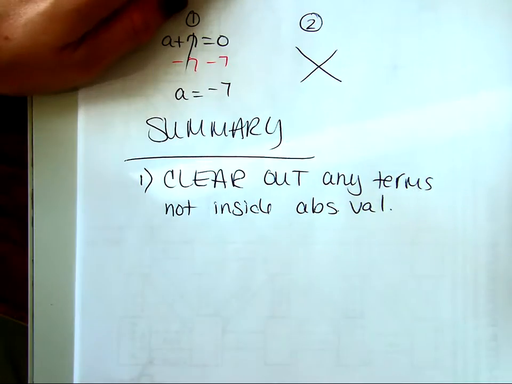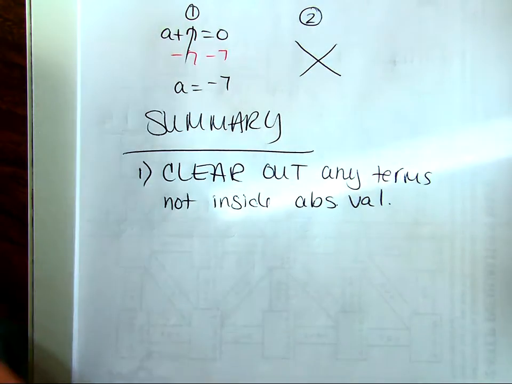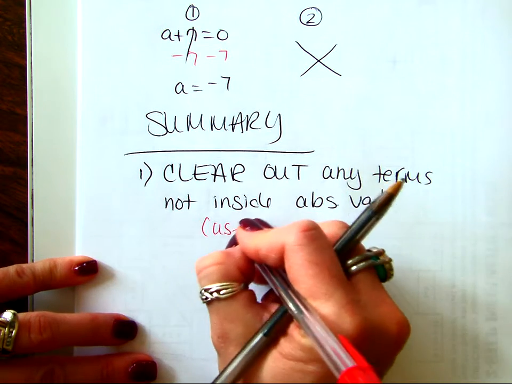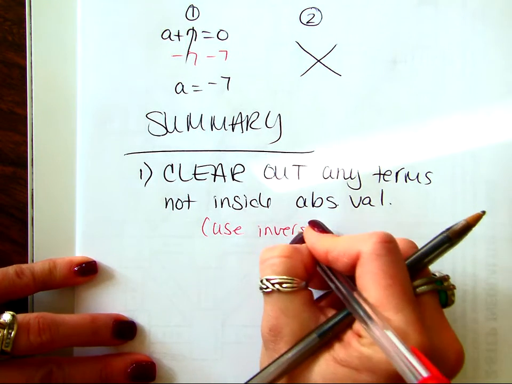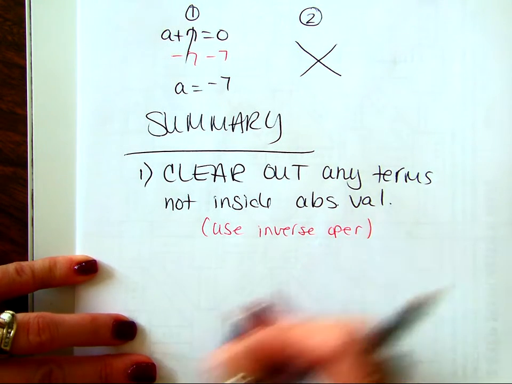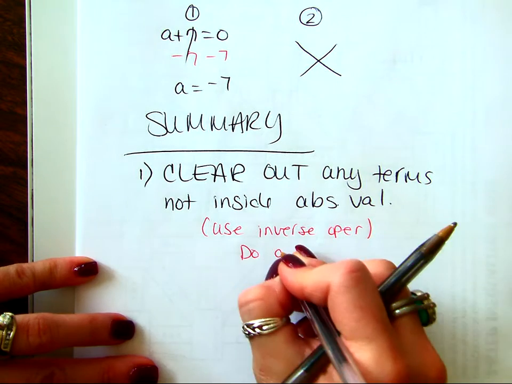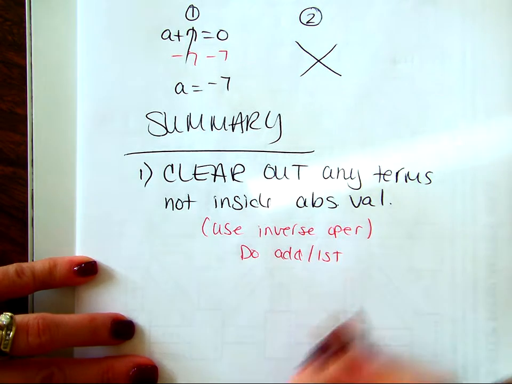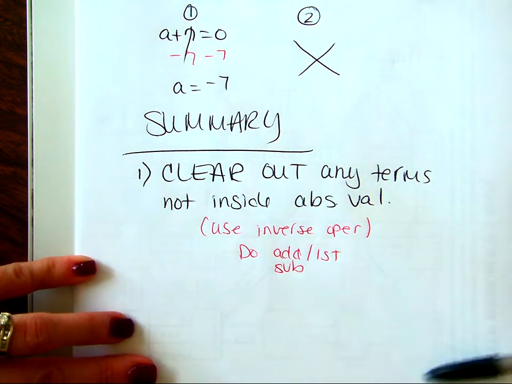Okay? Clear them out. And how do you do that? Oh, you use inverse operations. And you do the adding and subtracting first. Right? Because it's order of operations in reverse.